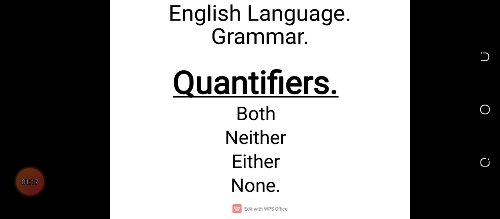A quantifier is a word that is used to give the total amount or quantity of something. It's used to describe or define the total amount or quantity of a noun.